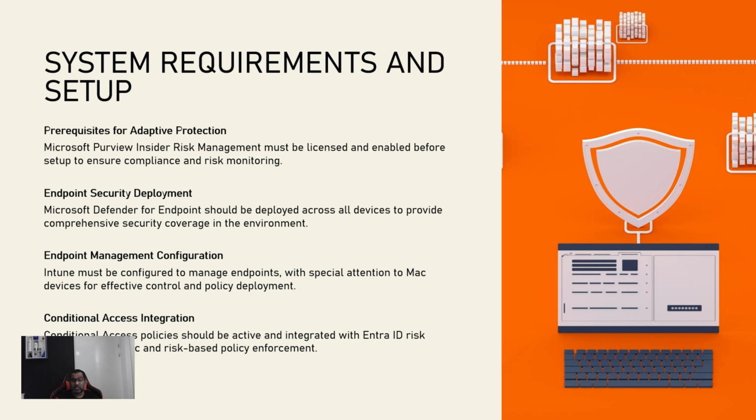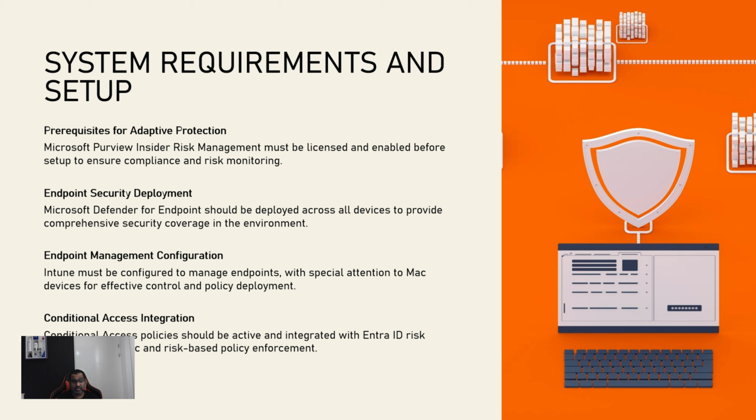Of course, the endpoint security deployment. If you want more visibility into your endpoints, like what kind of data exfiltration is happening, then Defender for Endpoint should be onboarded to bring comprehensive security across your ecosystem. And the endpoint management configuration: you should have Intune onboarded to manage the endpoints, with special attention to Mac devices for effective control and policy deployment.